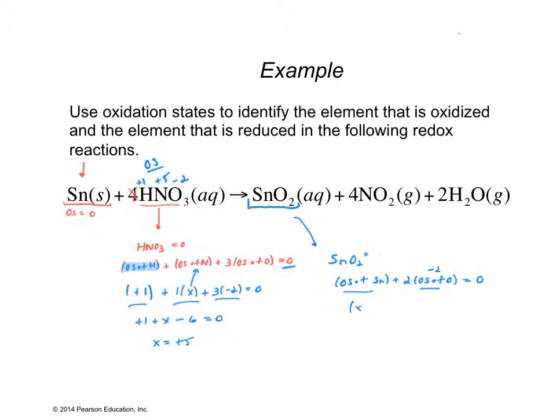So now we've got this unknown X plus 2 times -2 is equal to 0. So X has to be a +4. So we've got a +4 here and a -2 for oxygen. And again, whenever we assign these, it's for each individual atom. Okay, so same thing for these.